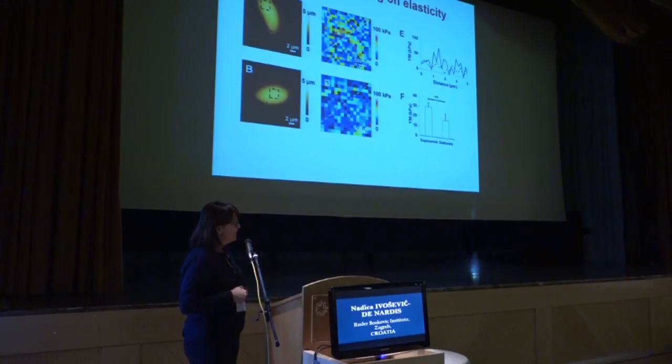And why I'm saying that is, if we know their elasticity, or how stiff they are, that gives us information whether those cells in the environment will be fragile or more vulnerable during some perturbance.